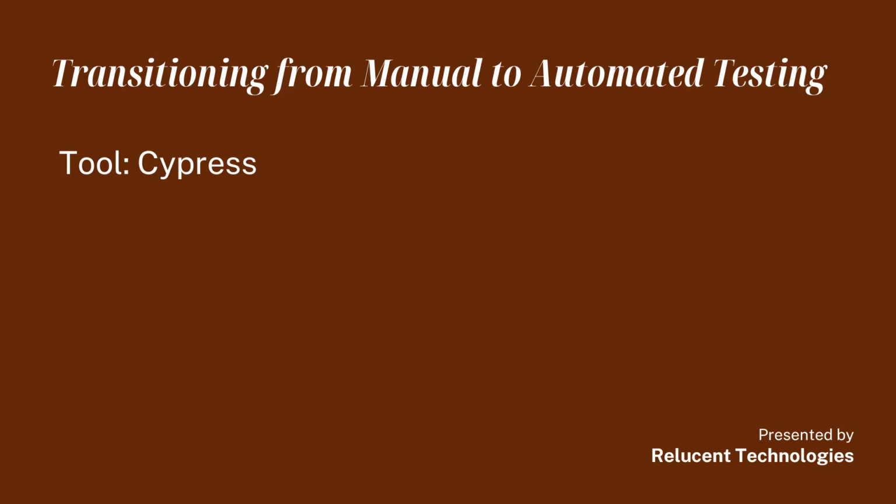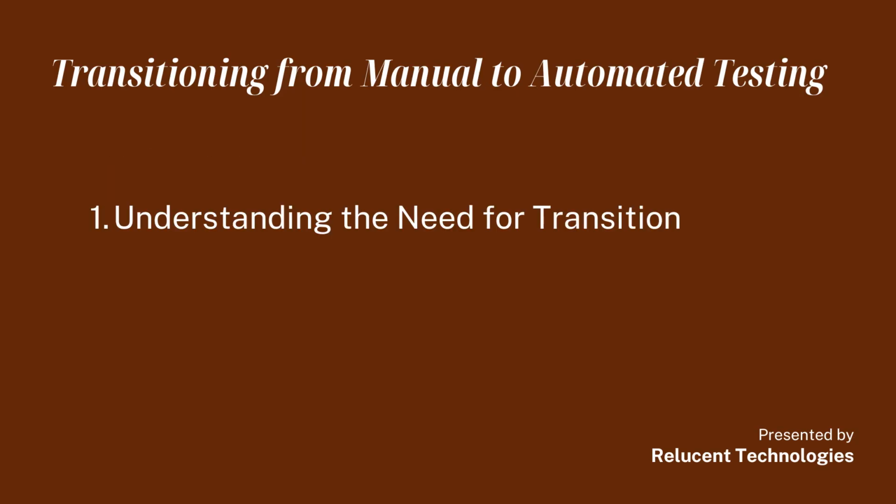In order for you to transition, there are a few steps that you can take to make this path much easier for you. And the first step is about understanding why you want to transition. And we just talked about why it's important to transition to automated testing because of how the industry is growing.